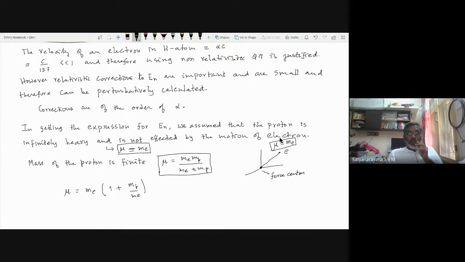Is that correct, what I'm writing here? We know that 1 by mu is equal to 1 by me plus 1 by mp, correct?